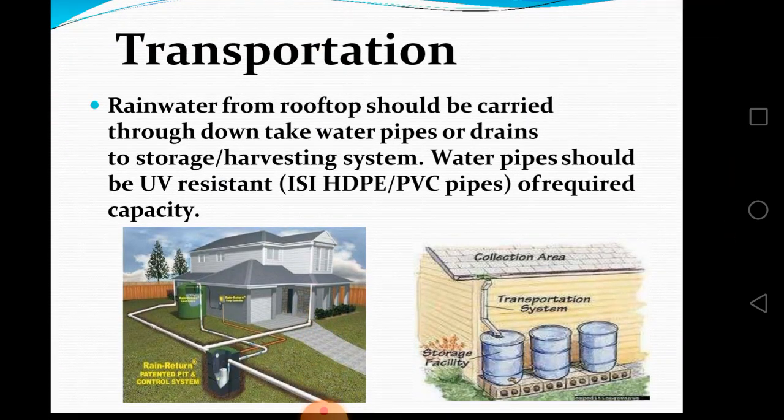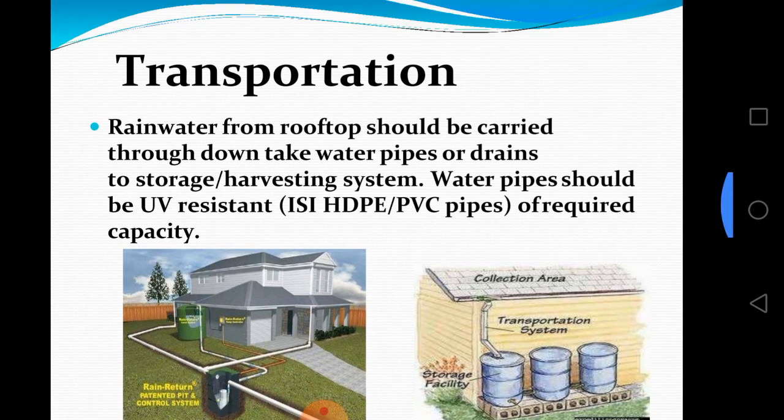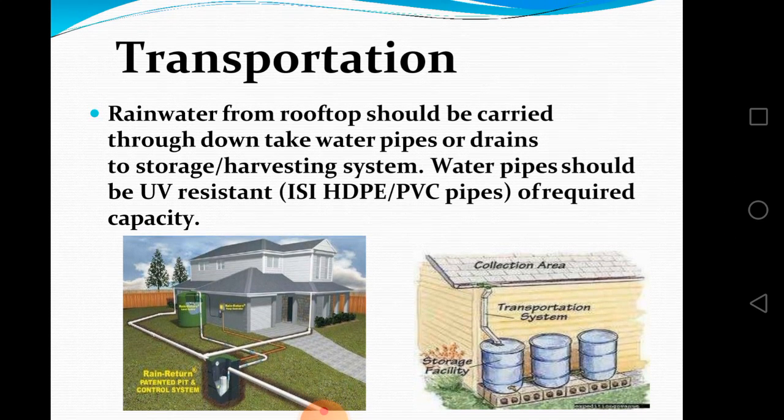And transportation: rainwater from the rooftop should be carried through downtake water pipes or drains to storage or harvesting. Water pipes should be UV resistant and of required capacity. So some conditions are there.